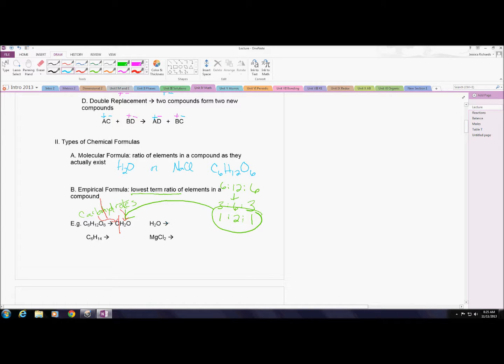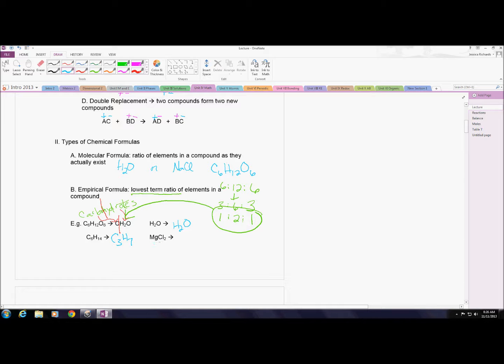So water, we already said if this is its molecular formula, its empirical formula, same thing. C6H14, 6 to 14 reduces down to 3 to 7. So C3H7 would be the empirical formula of this compound.